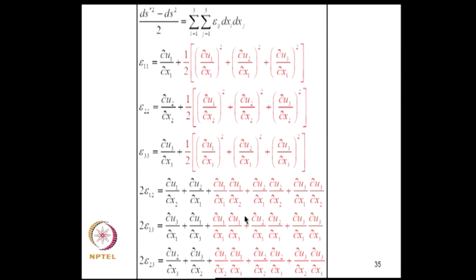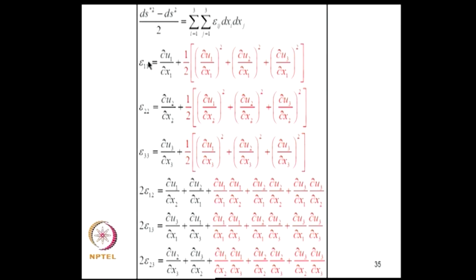So, you immediately recognize that these equations represent the linear strain displacement relations, whereas the quantities that are shown in red are the contributions due to nonlinear effects, and this is a complete set of nonlinear strain displacement relations.